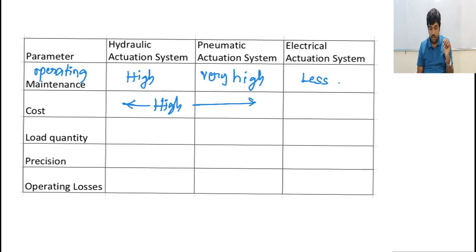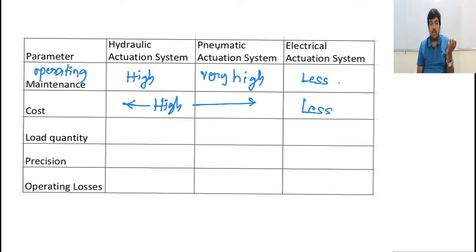Sometimes it takes more amount for the pneumatic actuation system, sometimes more for the hydraulic actuation system. But what we can do is compare the installing cost as well as operating cost together with the electrical actuation system, which is less here. Clear? Compared to the hydraulic and pneumatic actuation systems.